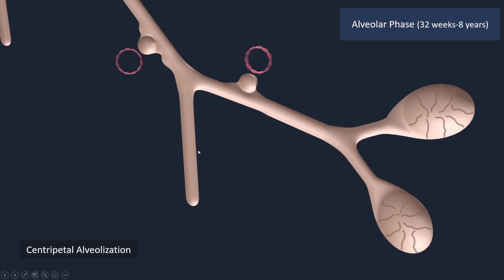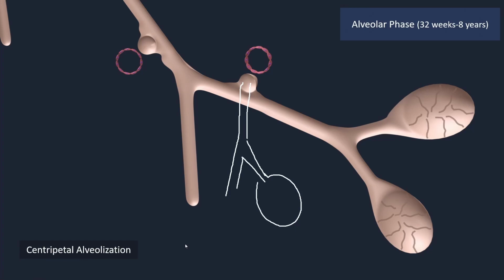According to this hypothesis, these sacs subdivide into respiratory bronchioles, and then these respiratory bronchioles divide into the alveolar ducts, and then these alveolar ducts form the alveolar sacs that will form the alveoli.